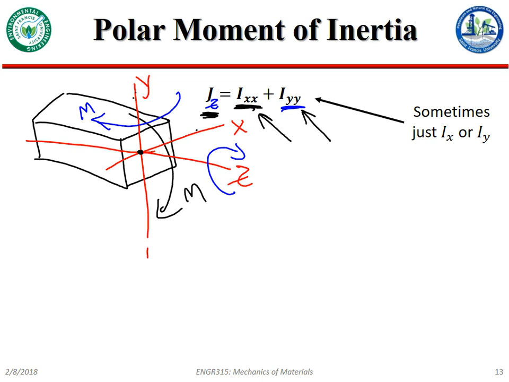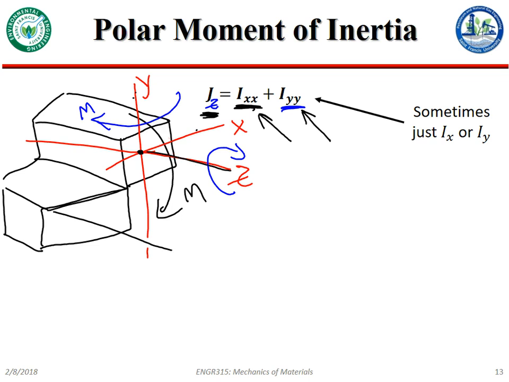because I can have multiple bodies. Say I have a second brick here, and I'm spinning this whole thing. I can find the polar moment of inertia here, polar moment of inertia here, and there's a way that I can combine them in order to make it all work. Don't worry about that too much yet. Just know that you have to be consistent in your axes.